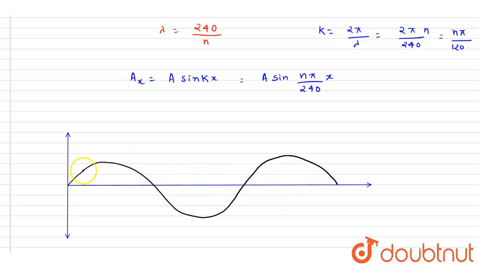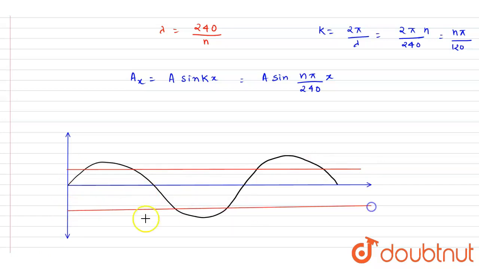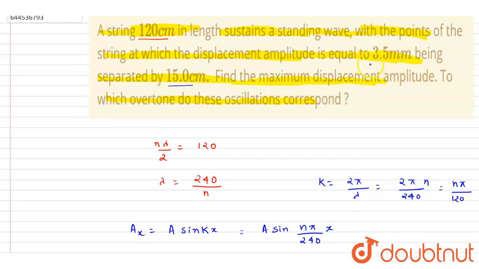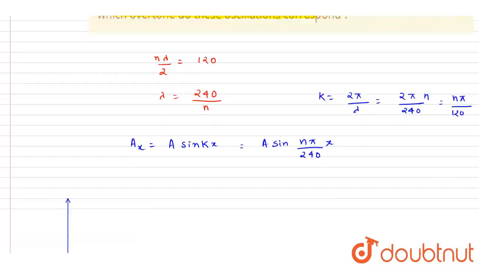Alright, so if I draw a line parallel to the axis at y equals 3.5 mm and y equals minus 3.5 mm, these two are having the amplitude 3.5 mm. We want the displacement amplitude to be 3.5 mm.